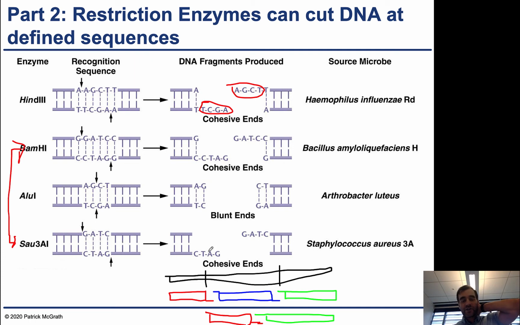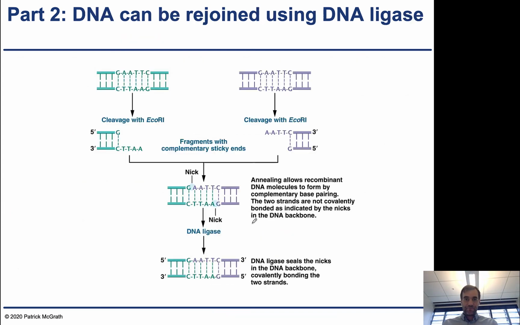And so you can take DNA that has been cut with BamHI and it will form the same cohesive ends as DNA that's been cut with Sau3AI. So this is another technique that people use in order to form new combinations of DNA.